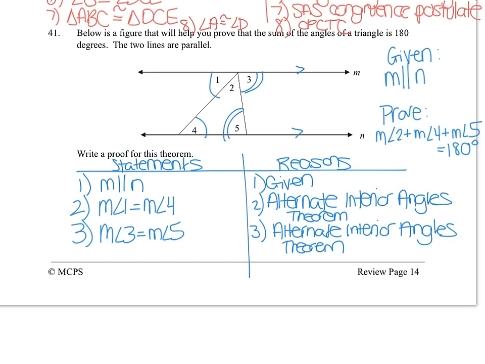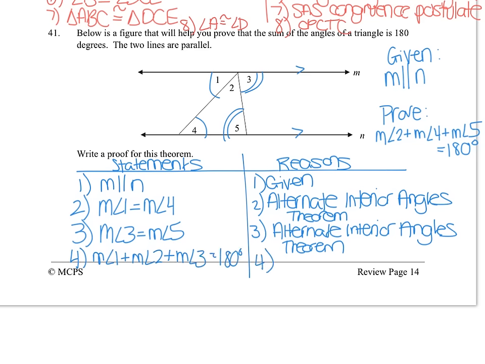The next thing I notice is that these 3 angles right here make a straight line. So if they make a straight line, then I know that the measure of angle 1 plus the measure of angle 2 plus the measure of angle 3 is going to add to 180 degrees.